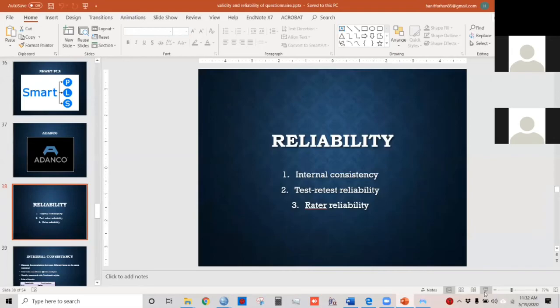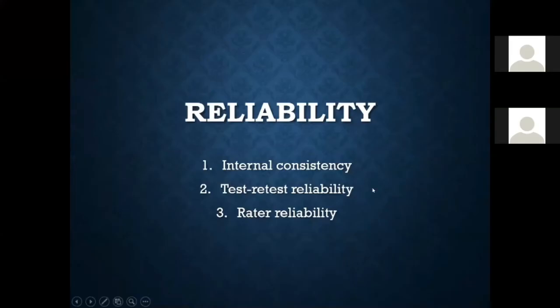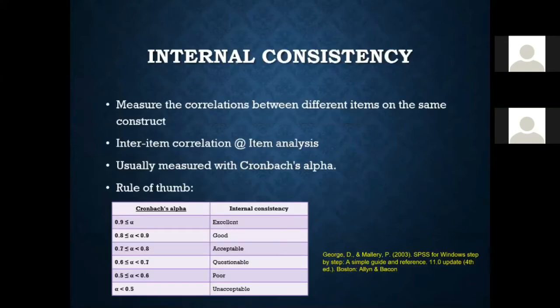So I'm going to discuss three types of reliability. The first one is internal consistency, the second one is test-retest reliability, and the third one is rater reliability. So the internal consistency.